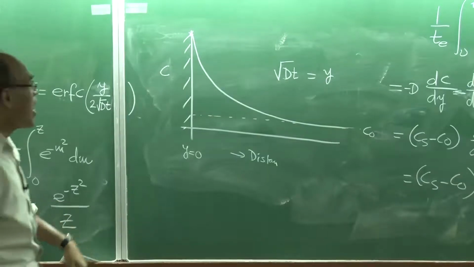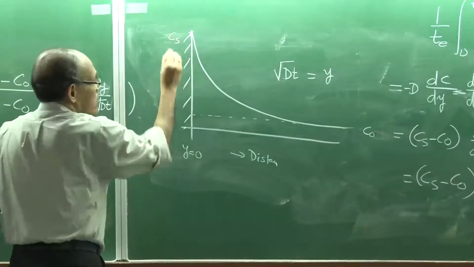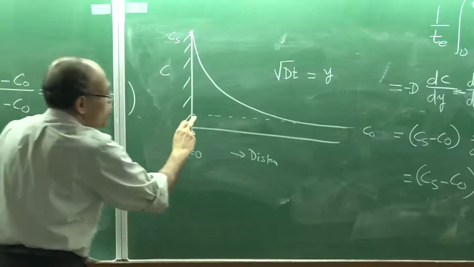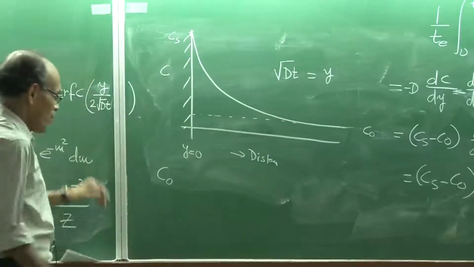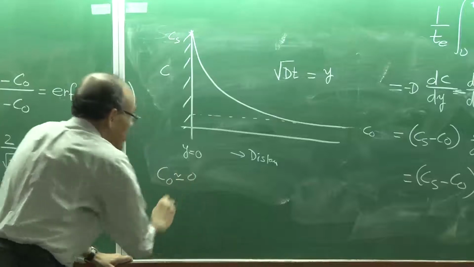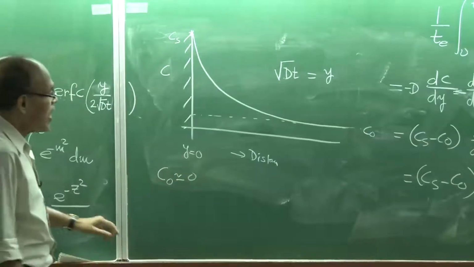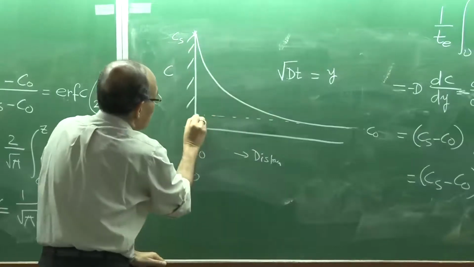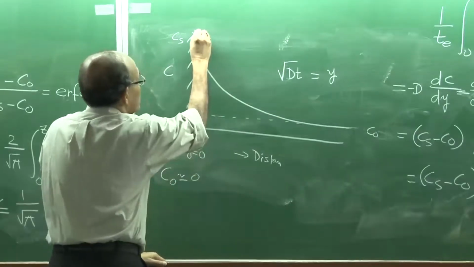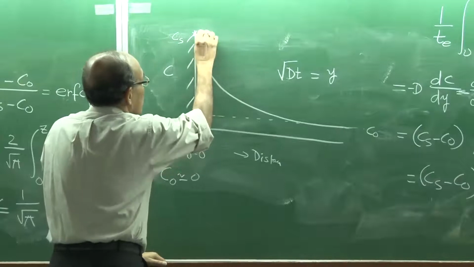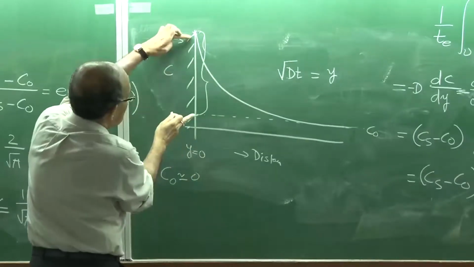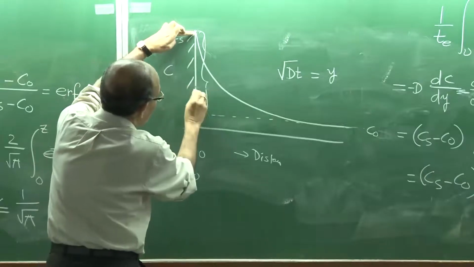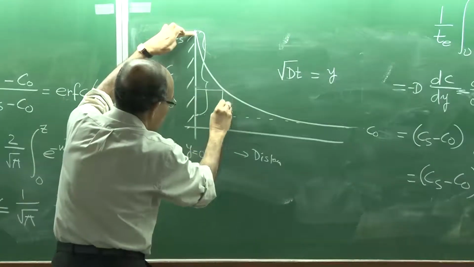The distance at which, note down this, when initial concentration is 0, for the sake of convenience, then if I say that this is Cs, for example, and half of it is about this much. So, this goes here. So, it is this distance.